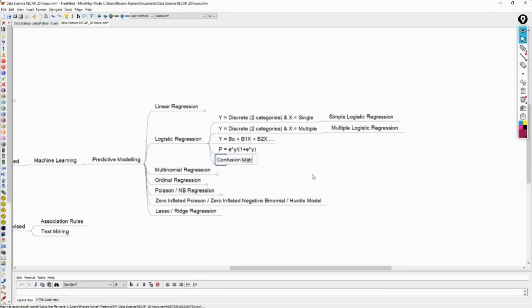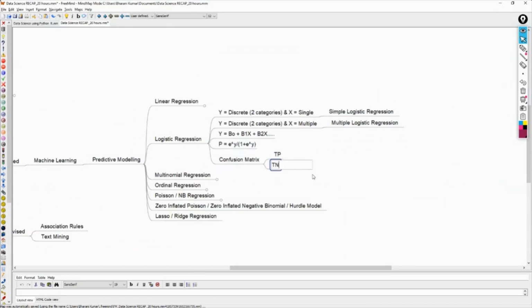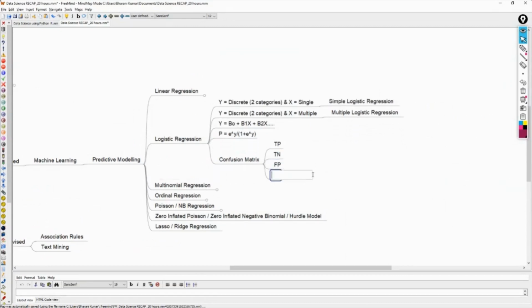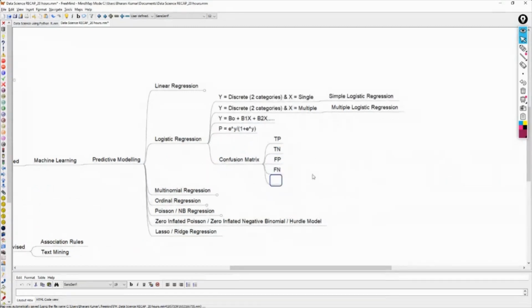Once you get the probability values, you construct a confusion matrix. In the confusion matrix, we discussed true positive, true negative, false positive, false negative.